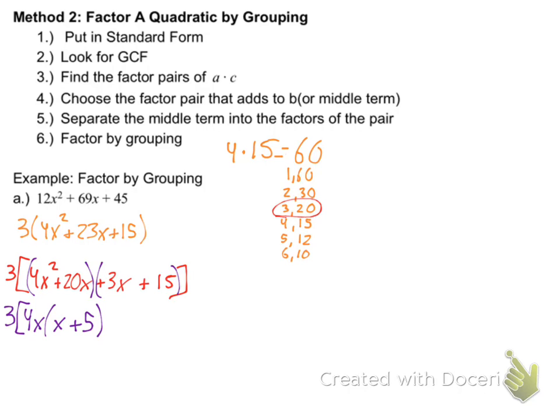What can be taken out of the second group? A 3? What kind of 3? A positive 3. And if I factor that out, I get x plus 5. Notice now it's factored by grouping. I have a common group of x plus 5 that I can take out.